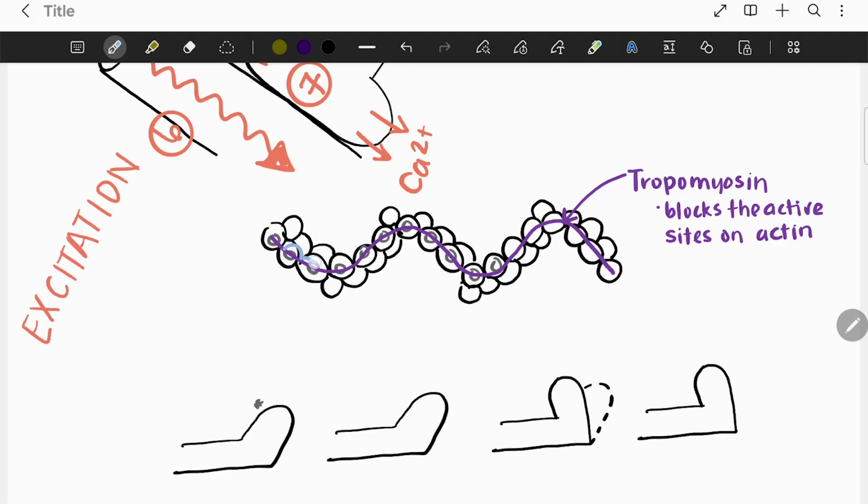And troponin is like a little latch, okay? It's this latch on the tropomyosin that keeps the tropomyosin in place. So it's not enough that we have the tropomyosin there. We have to have the troponin. So let me point to this one and put troponin. We also have the troponin that locks tropomyosin in place.